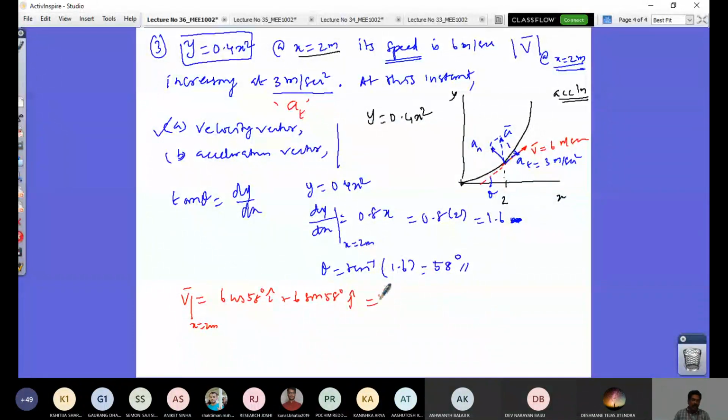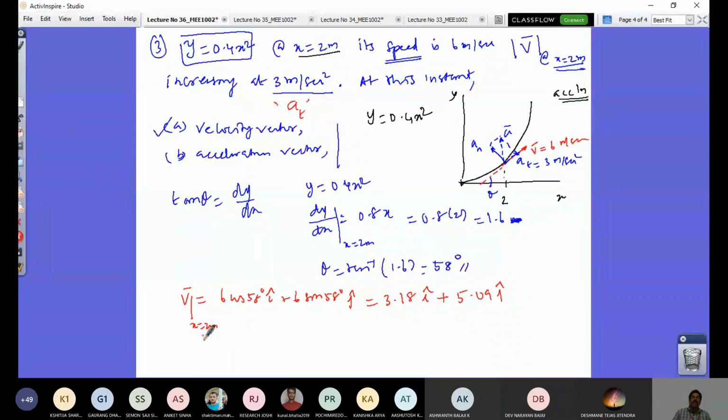So that's going to be 6 into cos 58 degrees, that's 3.179, so 3.18 i, plus 6 into sine 58, that's 5.088, so let me write 5.09 j. So this is my velocity vector. If I take the modulus, it is equal to 6.